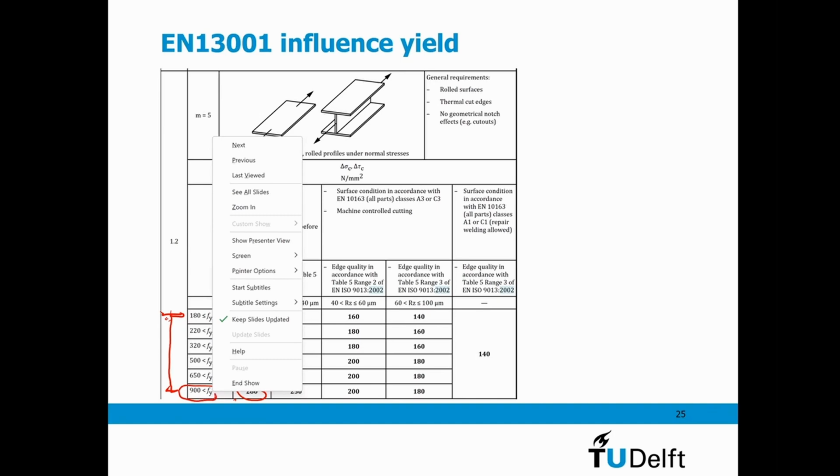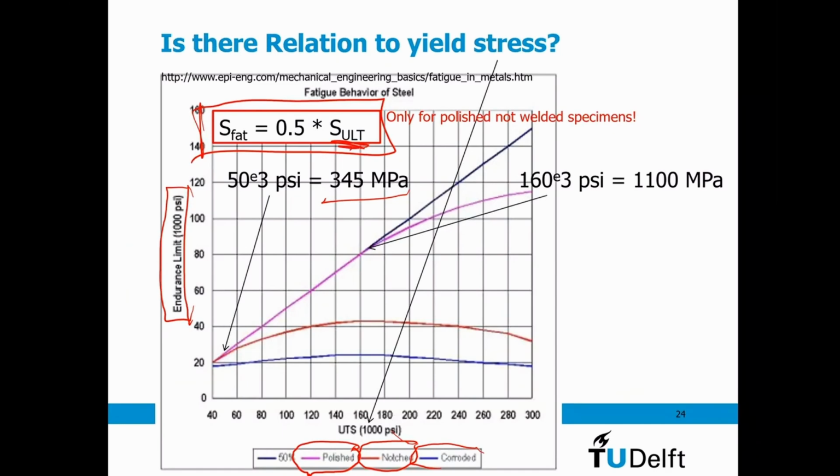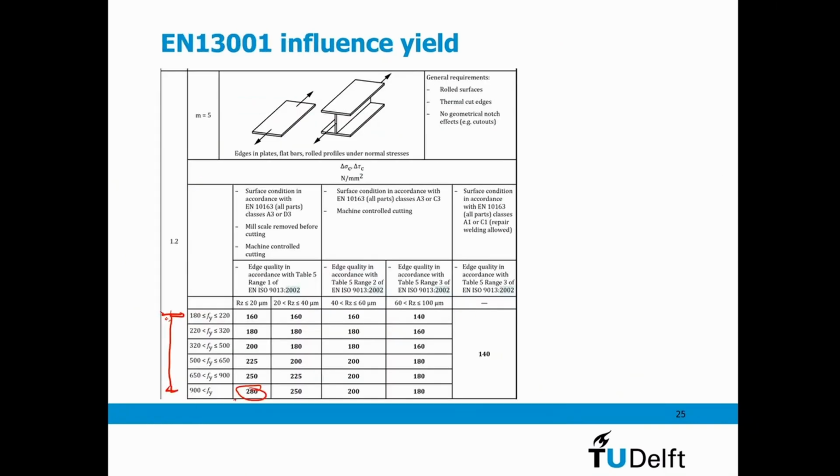Yeah, and here, just to go back for it, this is the ultimate, that's not the yield. So half of the ultimate is around a third of your yield. So you see, okay, this effect of better material quality is there.